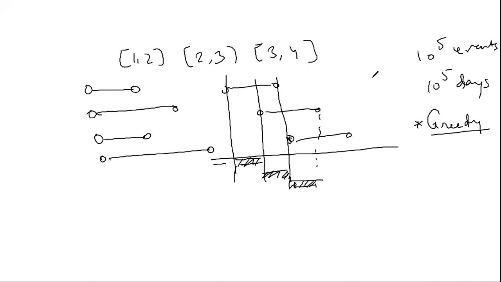But suppose this was your interval, forget about that, then what will you do? Everything is starting from the first day. You have these many events, e1, e2, e3, e4, and this goes till day 1, this goes till day 2, this goes till day 1, I'm starting with 0 for example, and this goes till day 3.